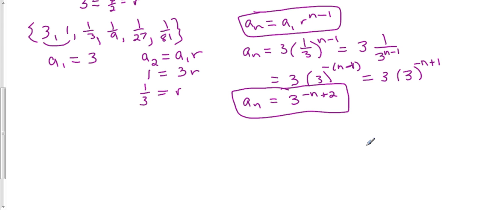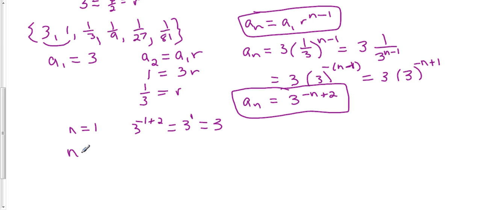Now, whenever one does some funky algebra and some bizarre simplification, it's usually a good idea to substitute in and make sure that we can recover the first couple of terms of our sequence. So if we let n be equal to 1 up here, we're going to get 3 to the negative 1 plus 2, which is going to give us 3 to the 1, which is 3, and that is in fact the first element of our sequence.